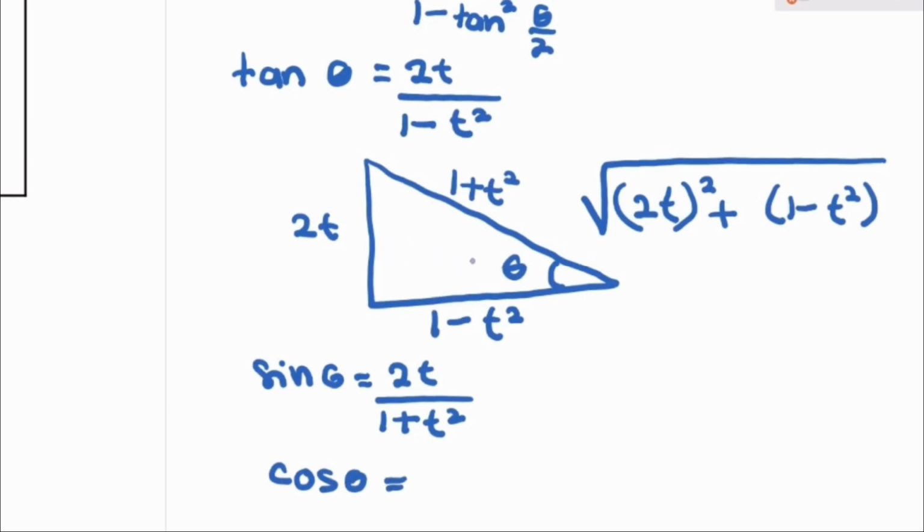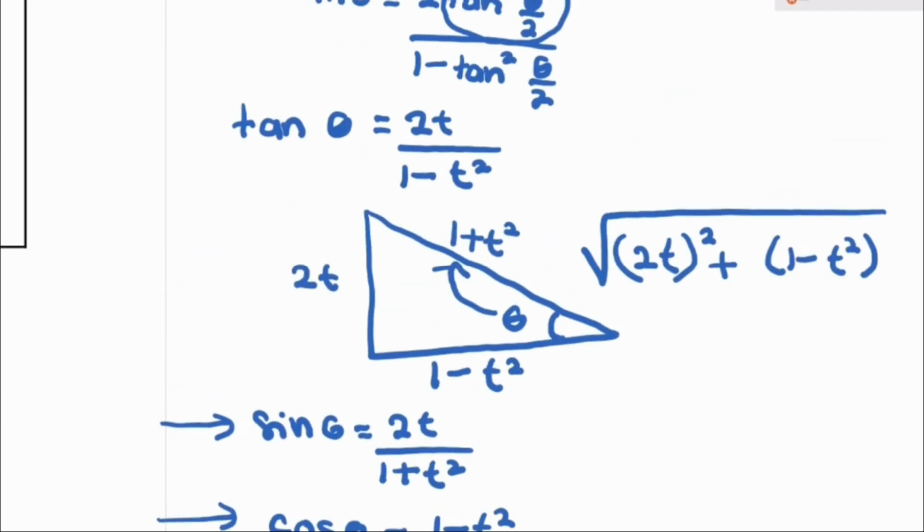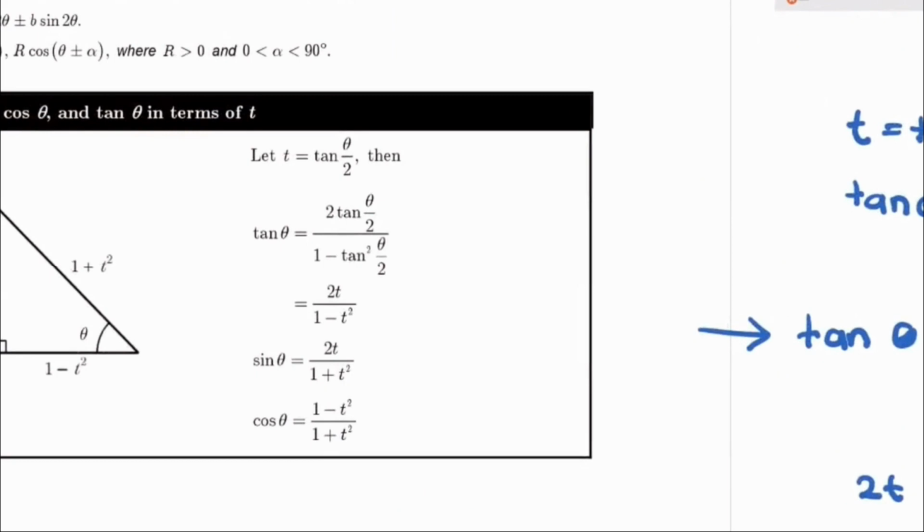So the adjacent here is 1 minus t square, over hypotenuse, which is 1 plus t square. So now we have sin theta, cos theta, and tangent theta in terms of t.